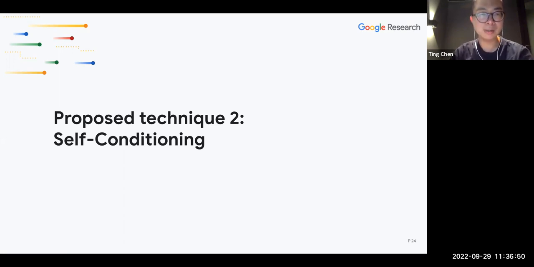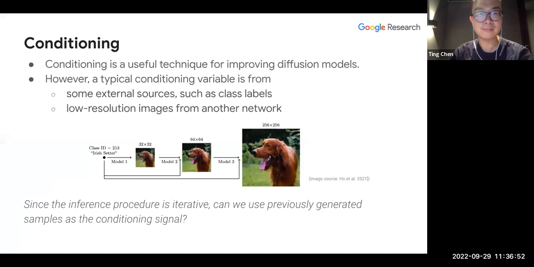And then the second one we propose is self-conditioning. Conditioning is a useful technique for improving diffusion models. Typically, a conditioning variable is some external source, such as class labels or low-resolution images from another network, as you can see in these cascaded generative diffusion models.